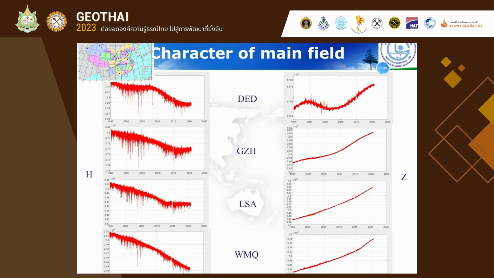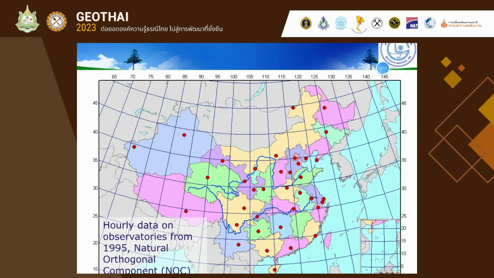And for the temporal variation, the spatial wavelength is longer, and also the temporal period is longer. So it's easy to draw out the main character of the main field.